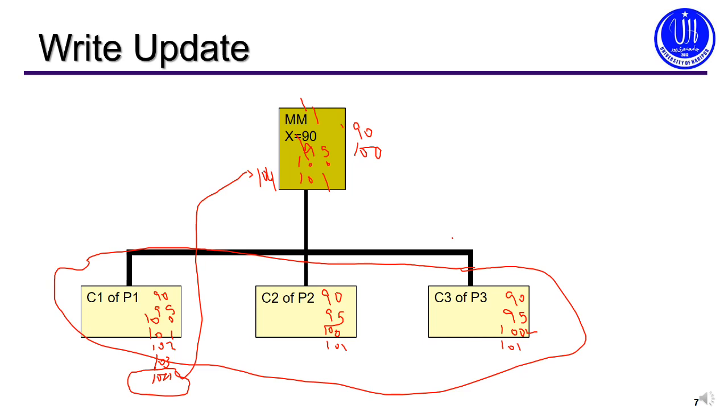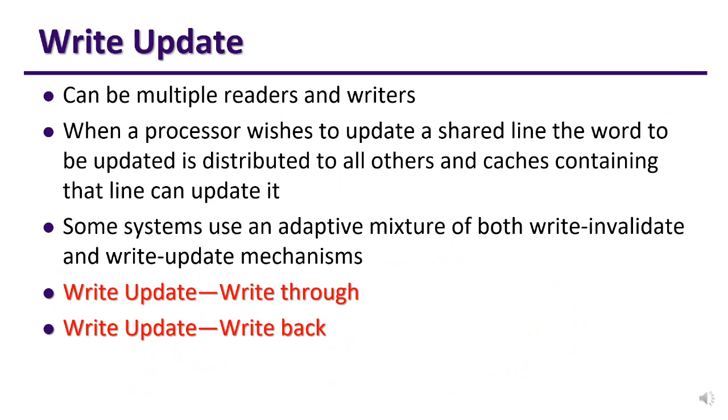Okay. So there are two types of write update cache. Okay, this is just some summary again. There can be multiple readers and writers, because you know that the value is updated among all the caches, so every cache can start writing on it because the values among the caches are consistent.